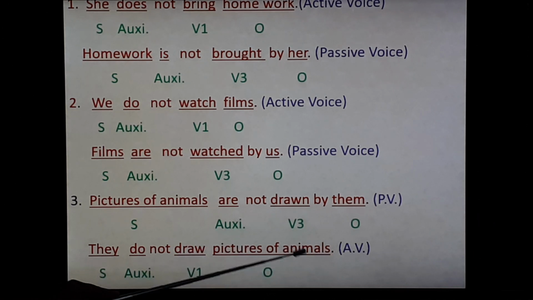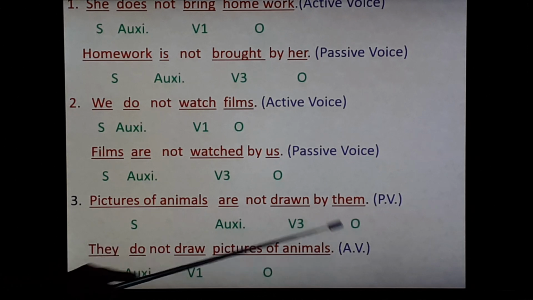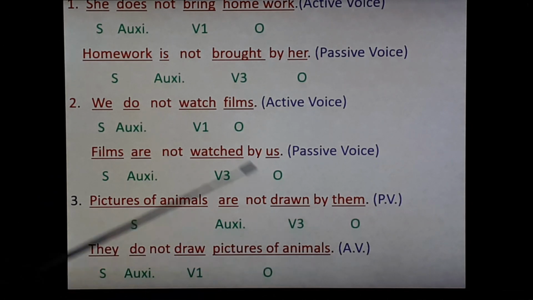So: they do not draw pictures of animals. Same formula you have to apply while turning from active to passive or passive to active. But you have to find out the appropriate tense and consider V1 and V3.